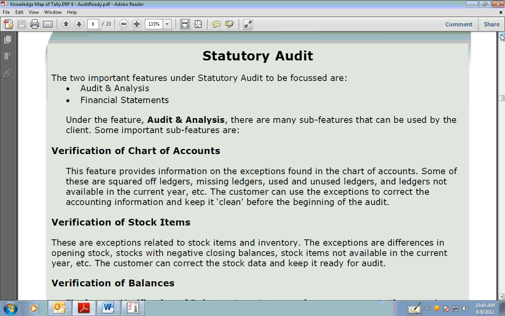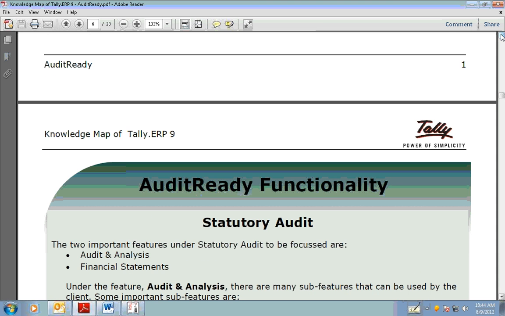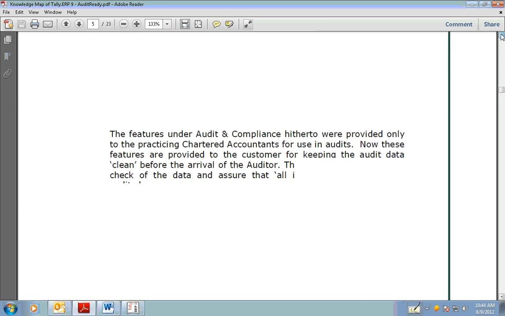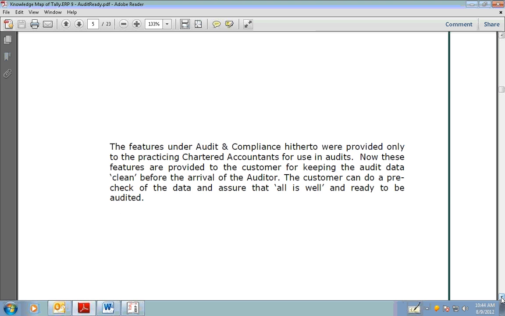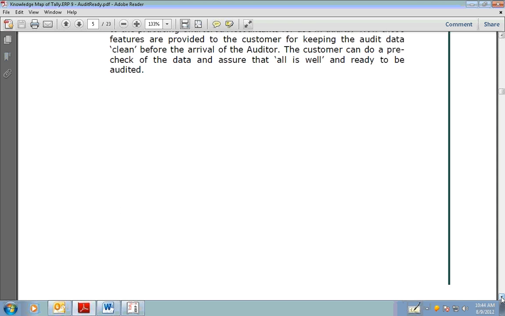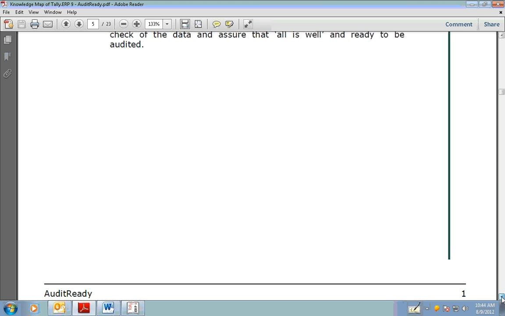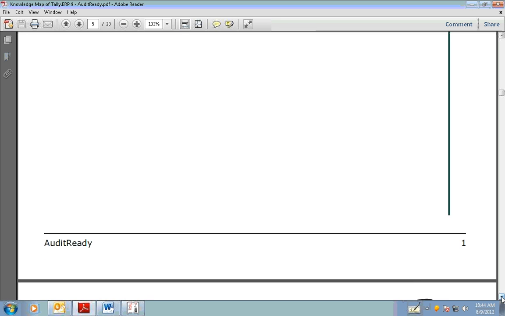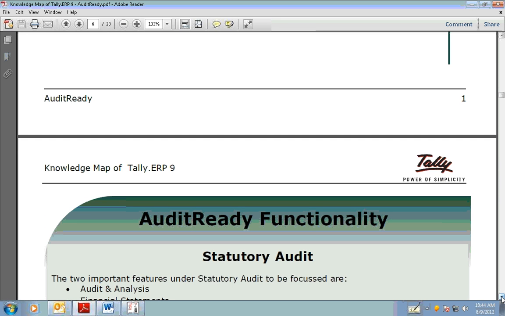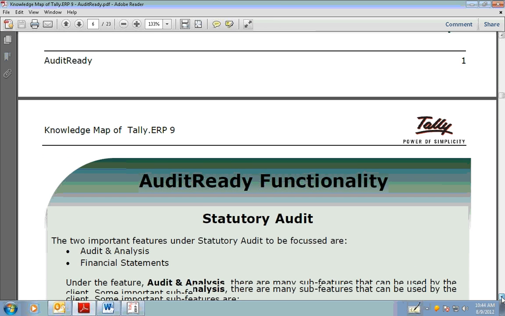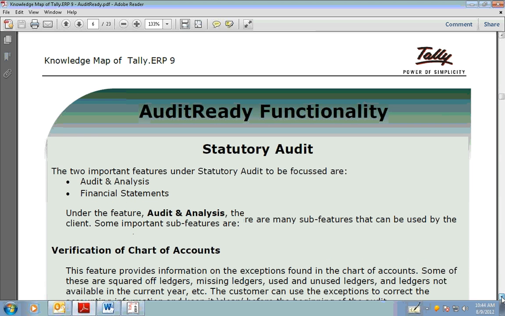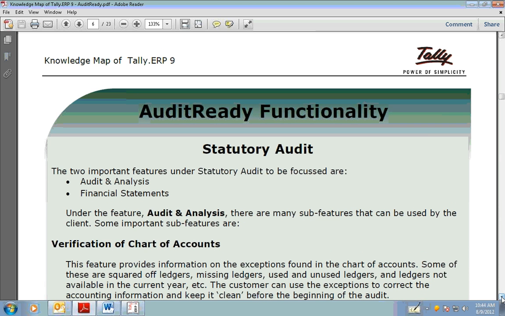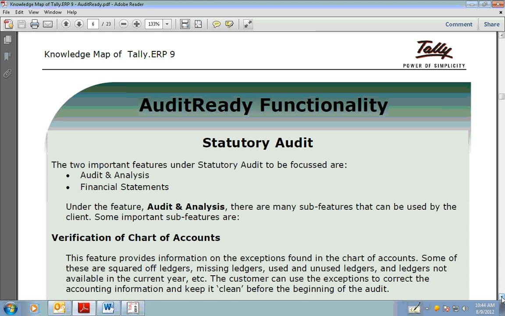So this is the focusing point: the entire tool given to the chartered accountant, using the same features, the business owner or the responsible persons in Tally.ERP 9 can start off that checking of the data. They can conduct their internal audits for signing off the correctness of the books of accounts and then take it to the auditor for the final audit.